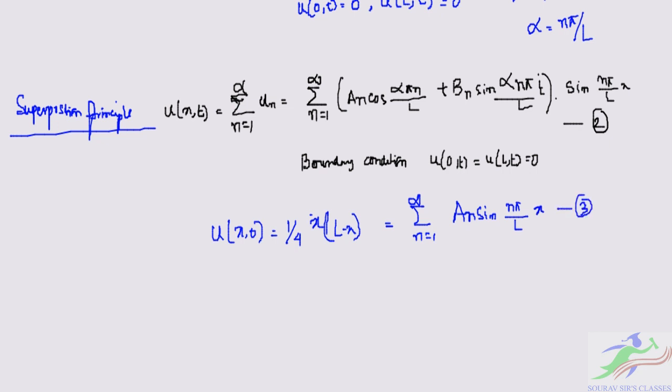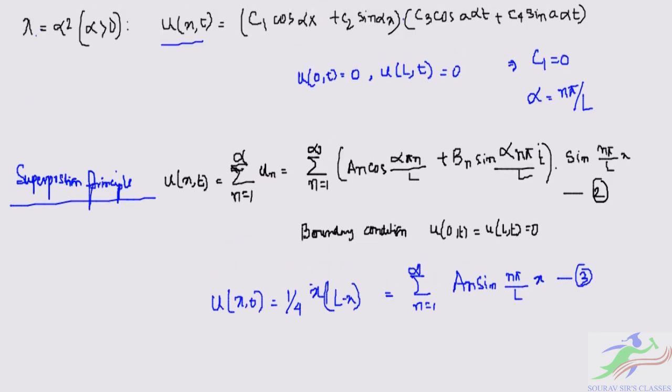Taking t equal to 0 in equation 2, the right side becomes the half range sine series.